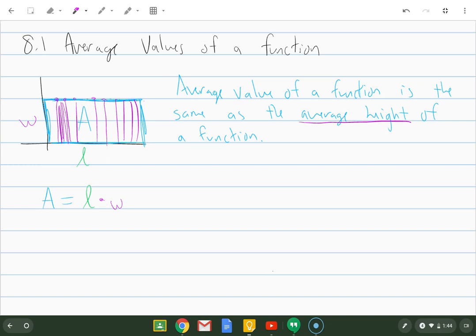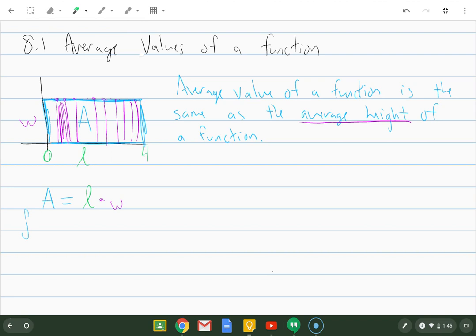So what we can do is use some things we know about calculus to make this a little bit easier. The first thing we know is, how do you find the area under a curve? Well, we know that's the integral, right? From, let's say we are starting at 0 here, and let's say we're ending at 4.